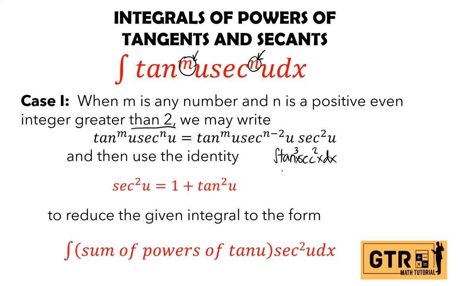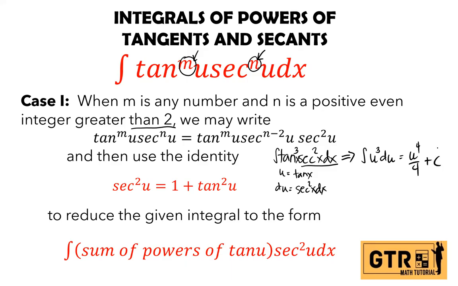Here we let u equal tangent x, and we know that the differential of tangent x is secant square x dx. So this becomes u to the 3rd, and du is secant square x dx, so it's now in the form u to the n du. The answer is u to the 4th over 4 plus c.